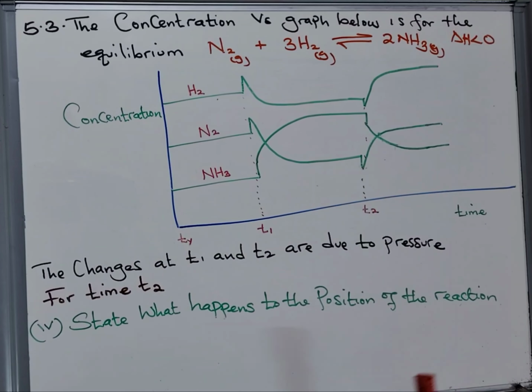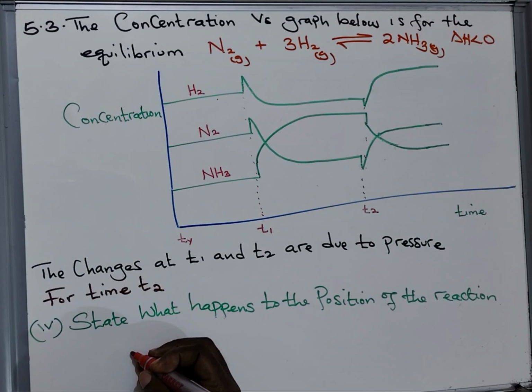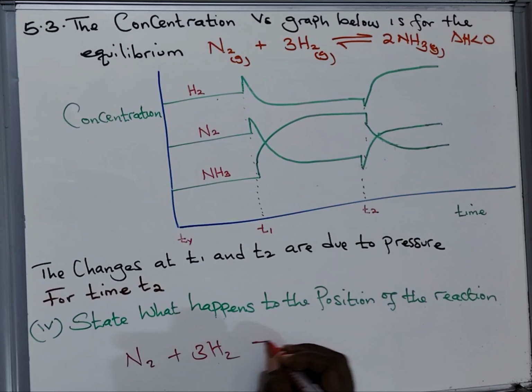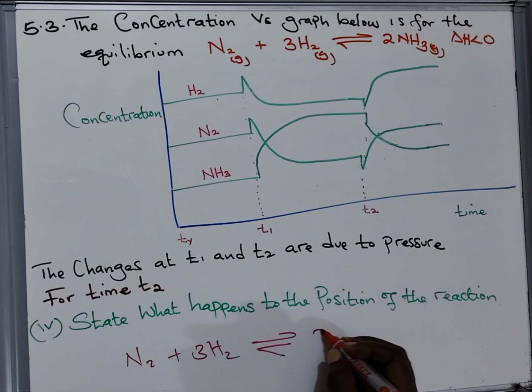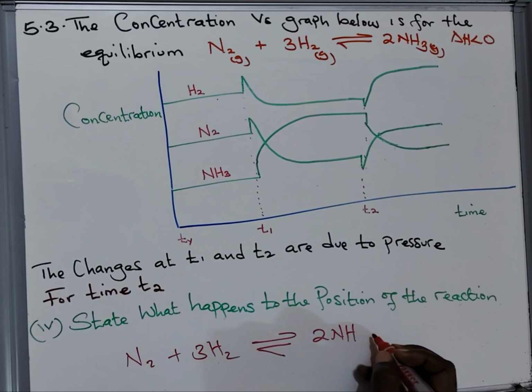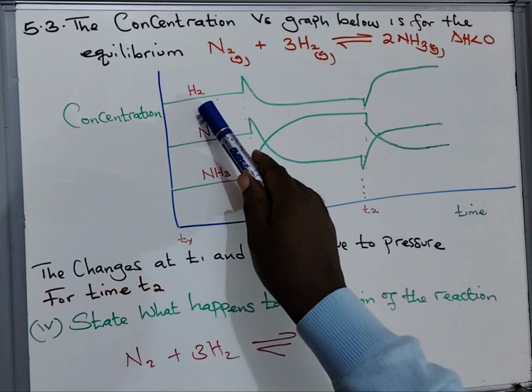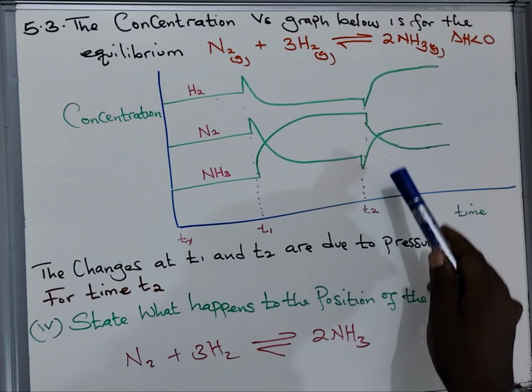Then comes this question. State what happens to the position of reaction. To answer this question, you need the equation. So what is the equation? We have nitrogen reacting with hydrogen to give you ammonia. And what do we do next? You indicate what is here. We have hydrogen at T2. What happened?